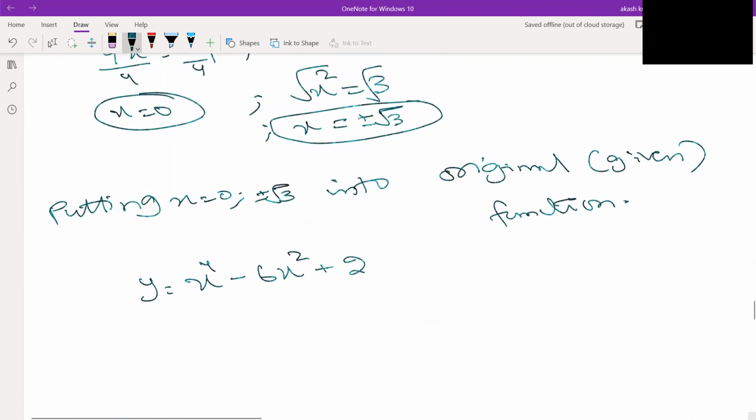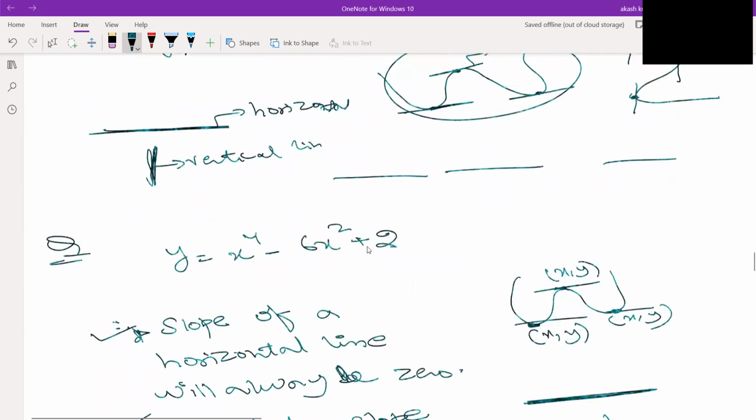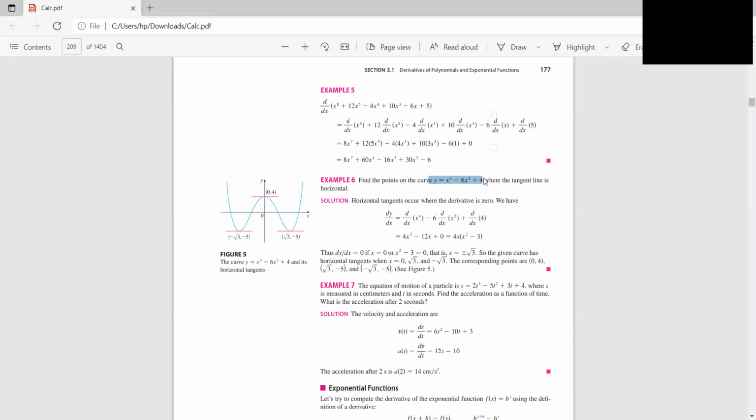Because we are getting 0, 2. Oh, we wrote our function as x^4 minus 6x squared plus 2, and in the example it was plus 4. I just wrote the question wrong, because the question actually was with plus 4. It was just our understanding.